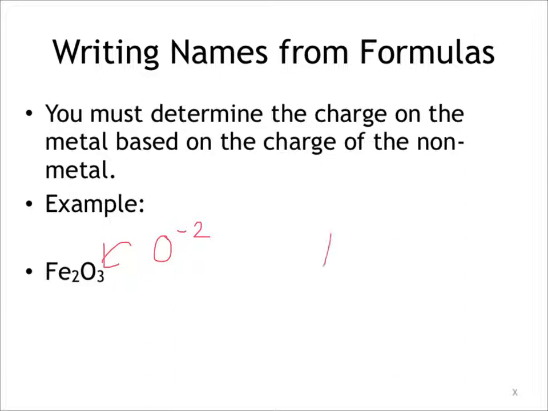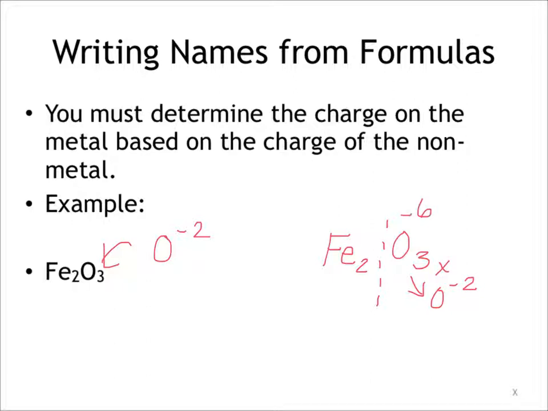An easy way to look at these, especially when you know you have a transition metal, is to split it down the middle and look at each half independently. So if I look at this, oxygen here, like I said, has a charge of -2. -2 times 3 is equal to -6.